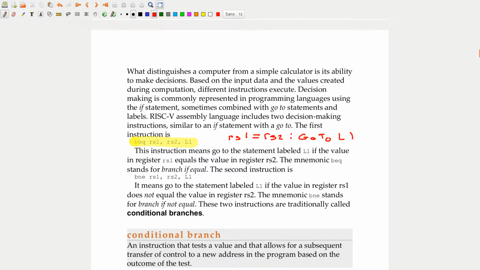L1 is just an arbitrary identifier. We're just saying that L1 is some place that we want to go to. Okay.